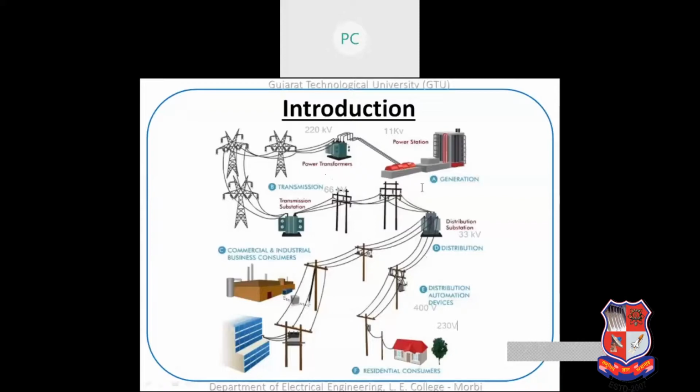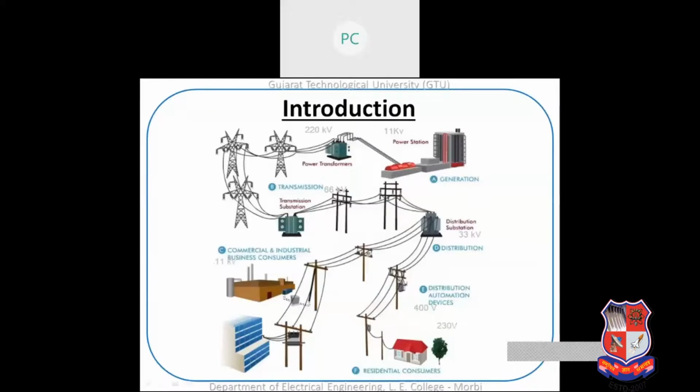Again, if you see, in most of the places in the power system we are required to change the voltage level, from 11 kV to 220, 220 kV to 66, 66 kV to 33. Further on, it can be, let's say, 11 kV, or maybe 6.6 kV and so on, as per the requirement of the industry.